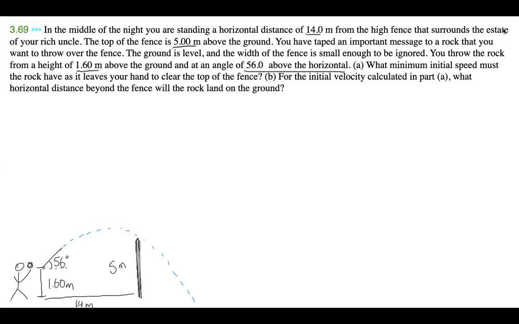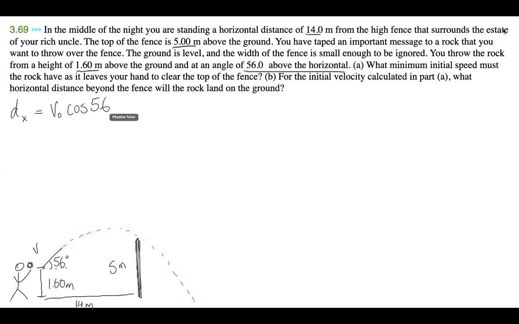So what we know is that we have some sort of initial v that we're throwing it with, right? And we can say that dx, so the distance in the x direction, is going to be this v naught times t. Oh, sorry, v naught times cos 56, right?